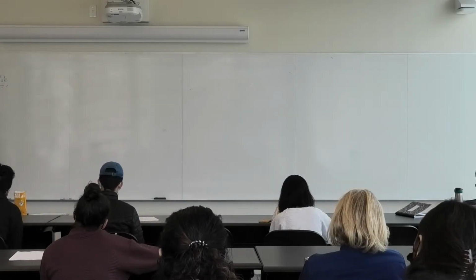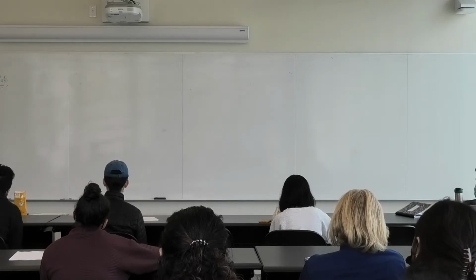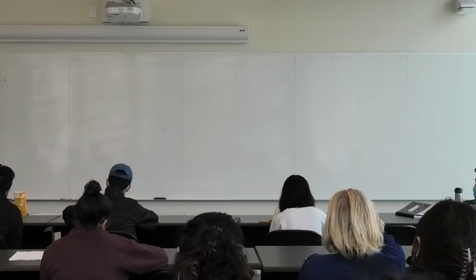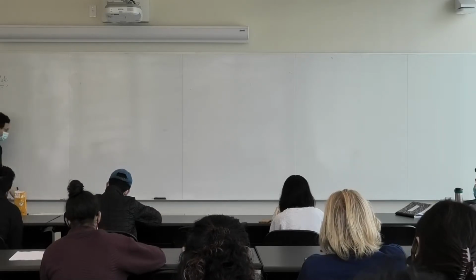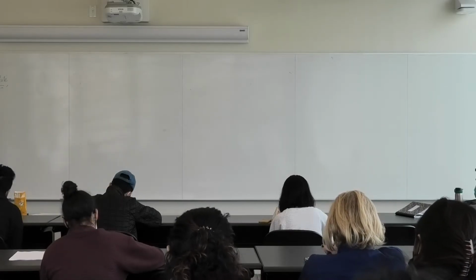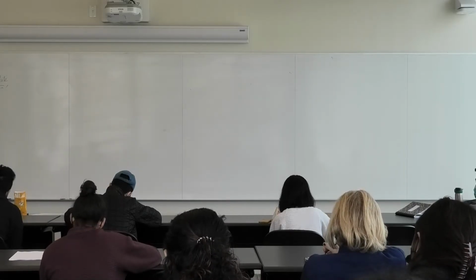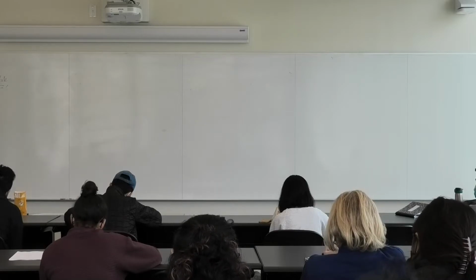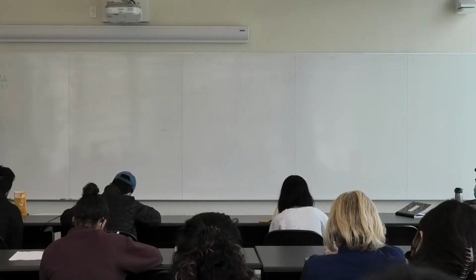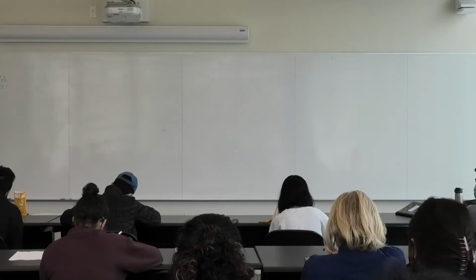But there's no reason we couldn't have the composition of three functions. We could have h of, I don't know, I don't want to write it that way. All right. G of h of x.